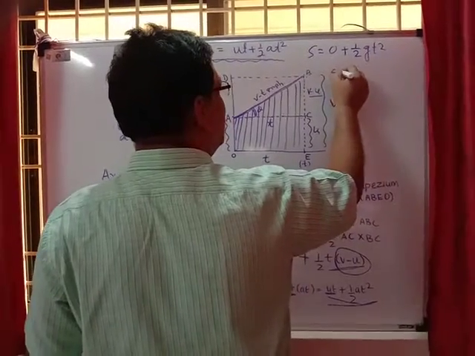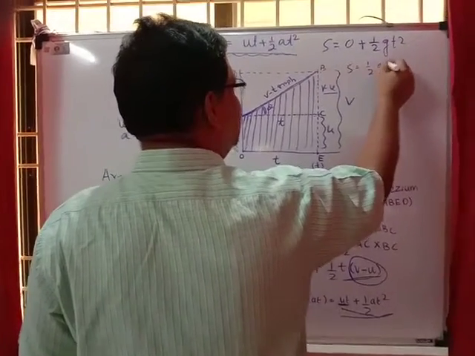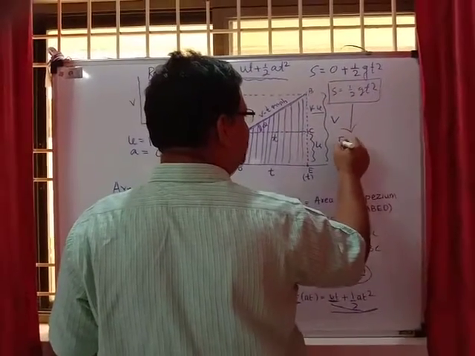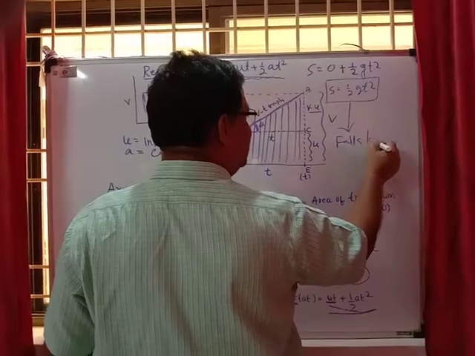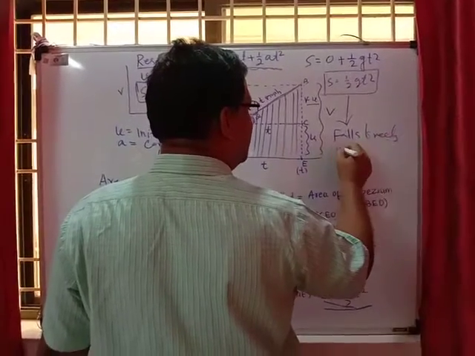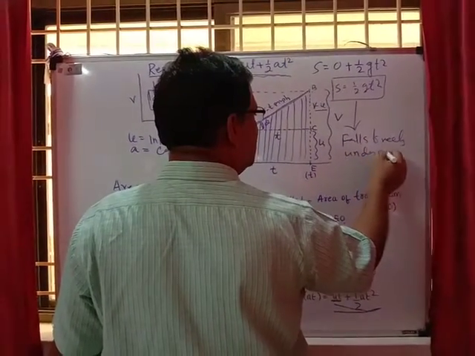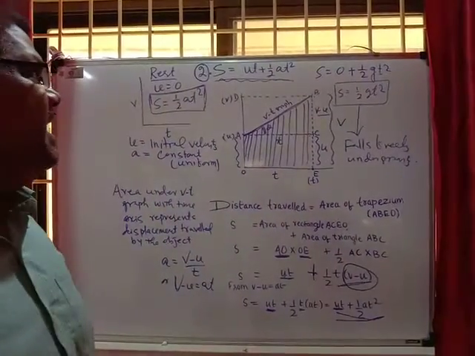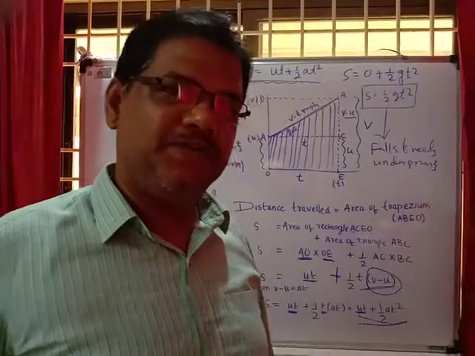So s equal to half gt square is the required equation whenever the body falls freely under gravity.